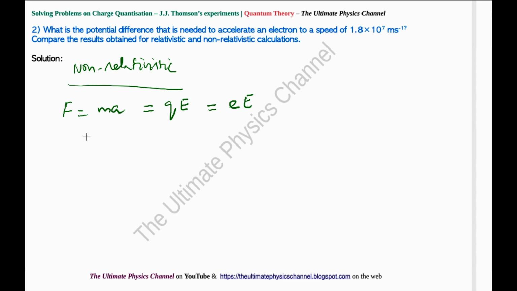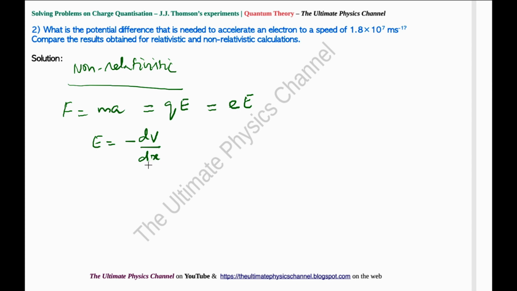We know that in order for this acceleration of the electrons to occur, the electric field is actually a negative gradient of the potential applied across the anode and the cathode.